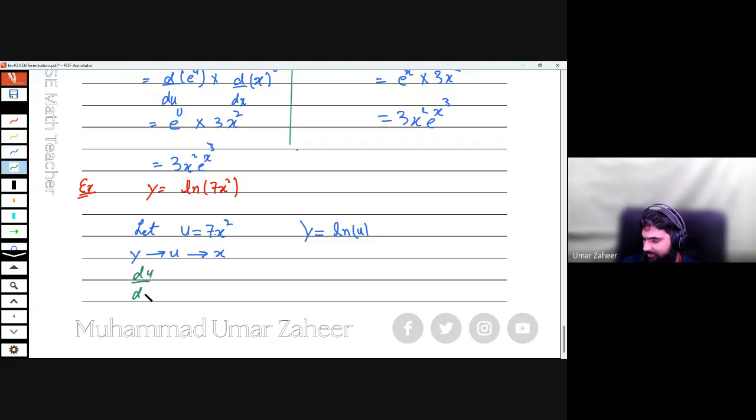So what is the chain rule? dy by dx is equal to dy by du multiplied by du by dx.